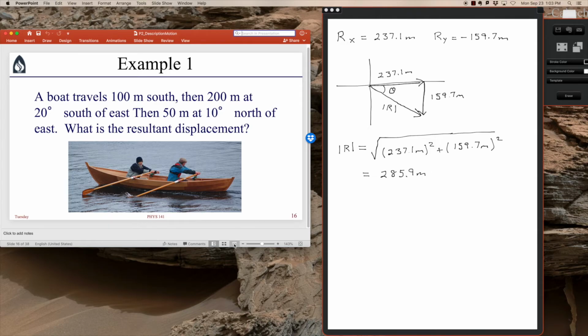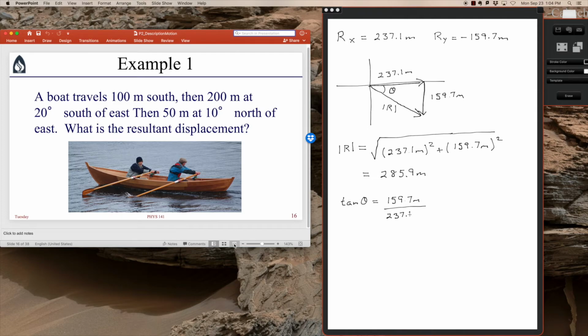I know that the boat at the end of these three displacements will be a total distance of 285.9 meters from its starting point. I also want to find this angle that the resultant vector is pointing at, so I can find that angle using some trigonometry. Specifically, if I look at the tan of that angle, the tangent would be the opposite side, 159.7 meters, divided by the adjacent side of 237.1 meters.